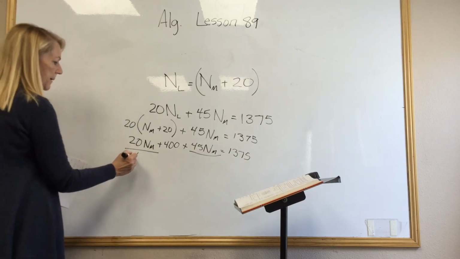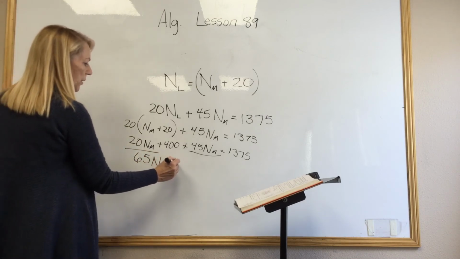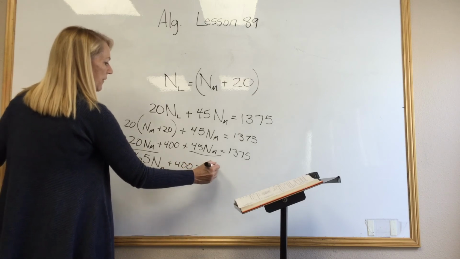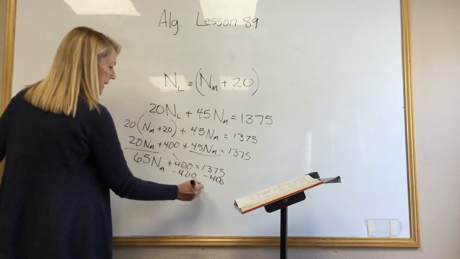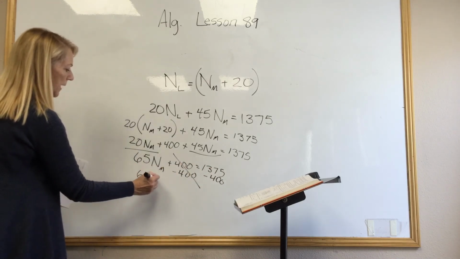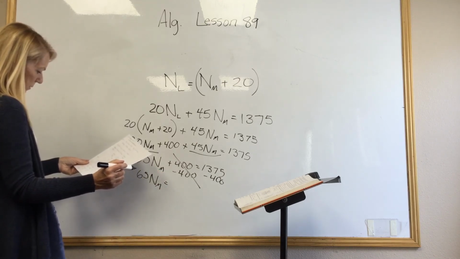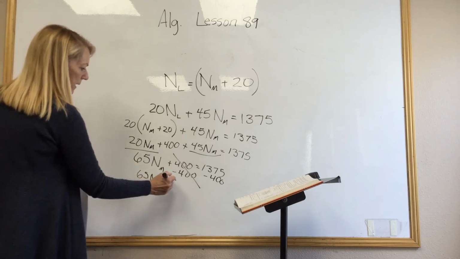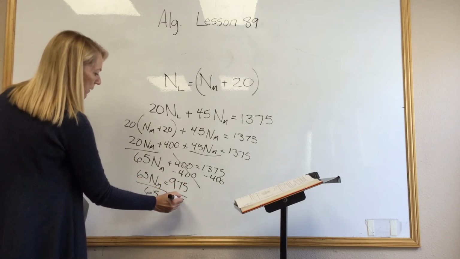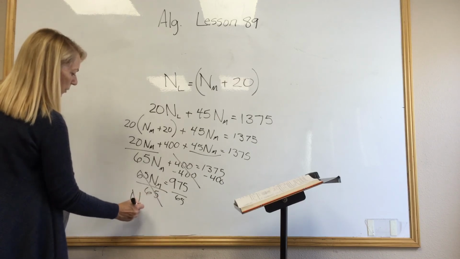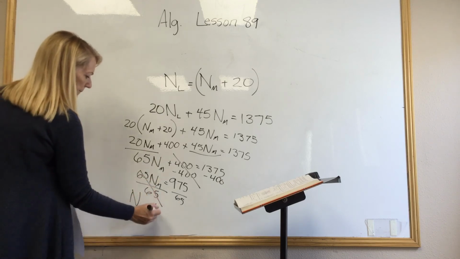I'm going to combine together, make that 65 NM plus 400 equals 1,375. Subtract 400 from both sides to isolate my variable. Makes that go away. 65 NM equals, what is that, 975. Yeah, 975. Divide both sides by 65. The number of more expensive dresses is 15.